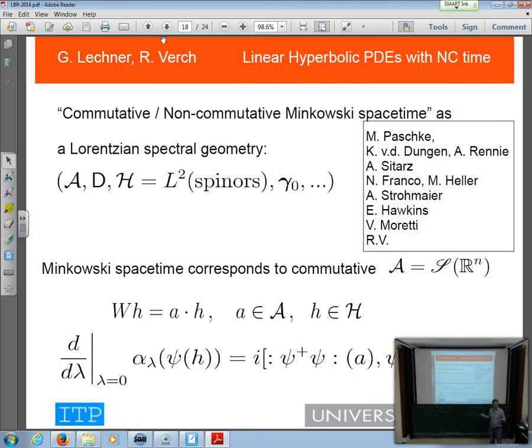It would be gamma 0 in classical Minkowski spacetime. That tells us essentially what we have done in order to endow the spinors with an L2 symmetry, to give the spinor space a positive measure.